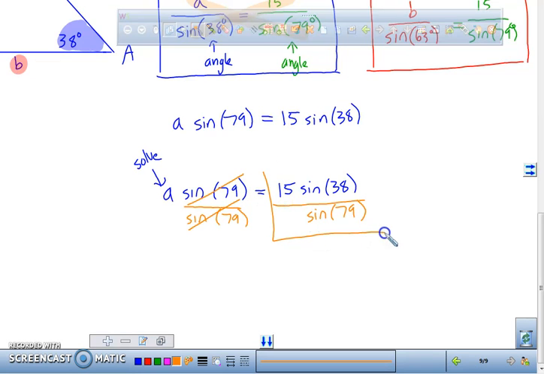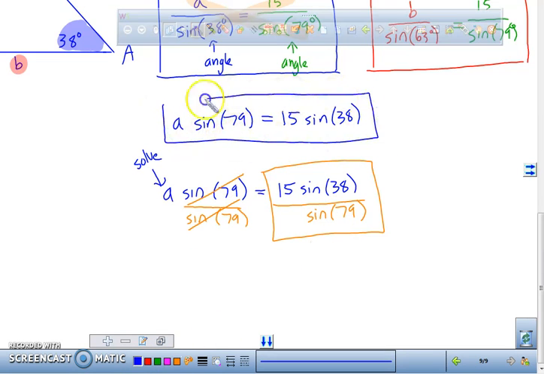And A is going to equal 15 times the sine of 38 degrees divided by the sine of 79 degrees. Just remember, what does this part right here represent? That part represents the cross products. That's what these represent. So what was our final step? We had to divide both sides by the sine of 79.